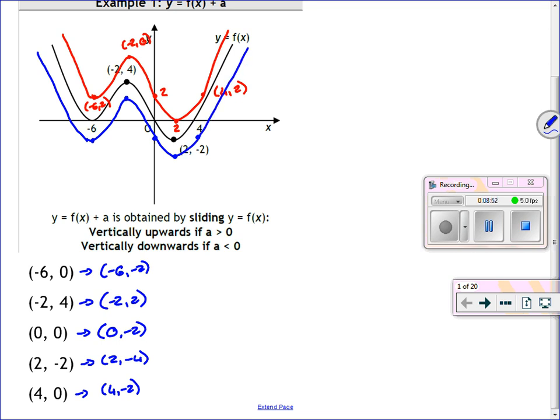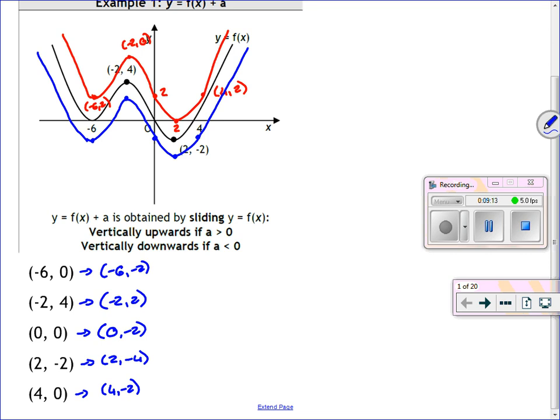A good teaching point here: I made a slight mistake and I only noticed it when I was going to sketch the graph. Make sure your graph makes sense. When I looked at that, I saw 2, 0. That doesn't correspond to moving the black graph down to become the blue graph. So always have a think and take your time.